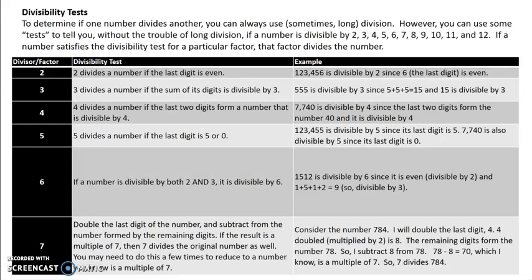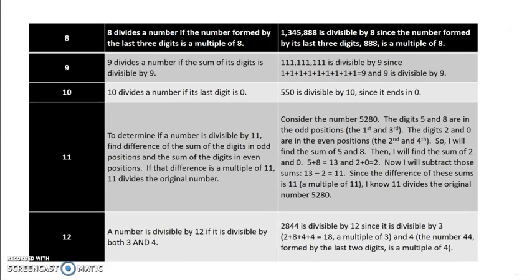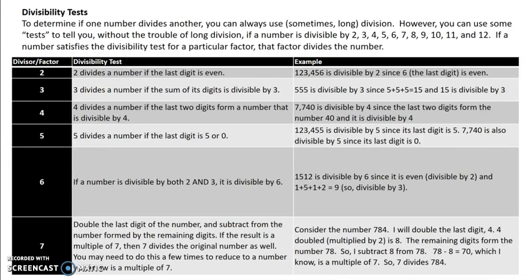So I don't want to read these all to you. You have a chart on your information sheet that you're looking at as well as watching this video. And there is a rule, or a test, for the numbers 2 through 12. So take a look at those.